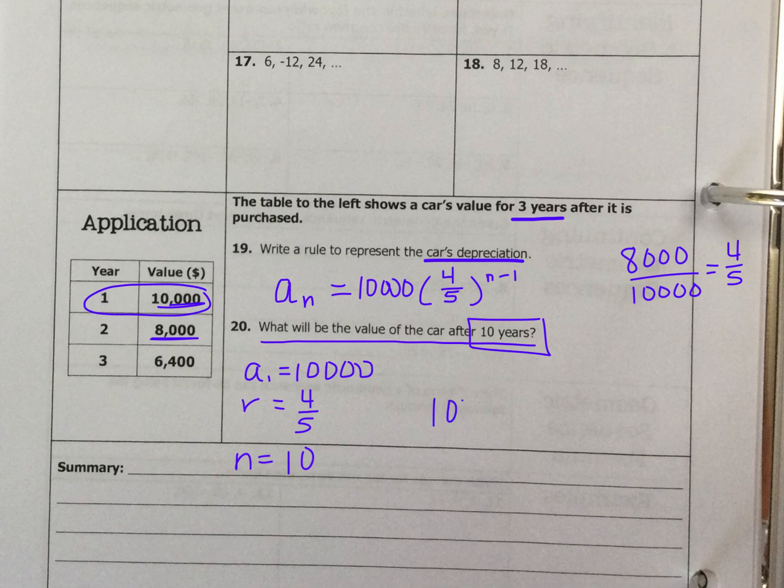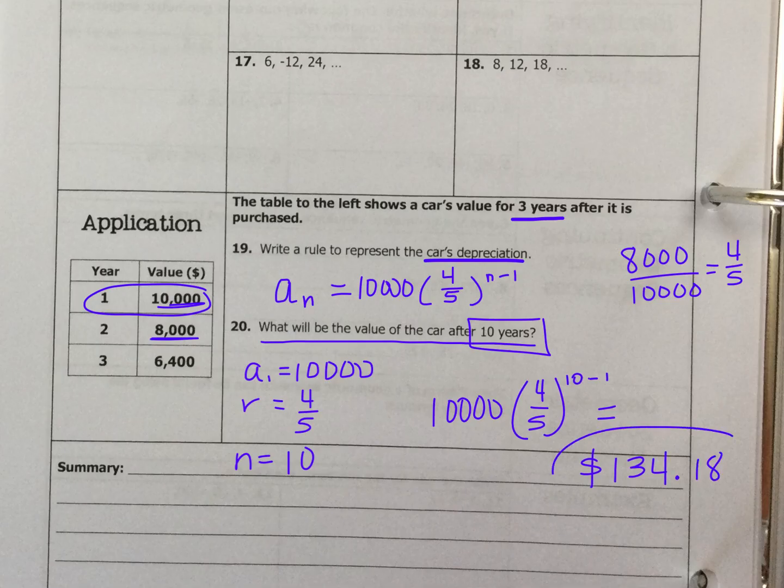So 10,000 times 4 over 5 to the 10 minus 1. You type that in your calculator, and your car will be worth $1,342.18. That decimal goes on, but we're talking about money, so just round to the hundredths place.